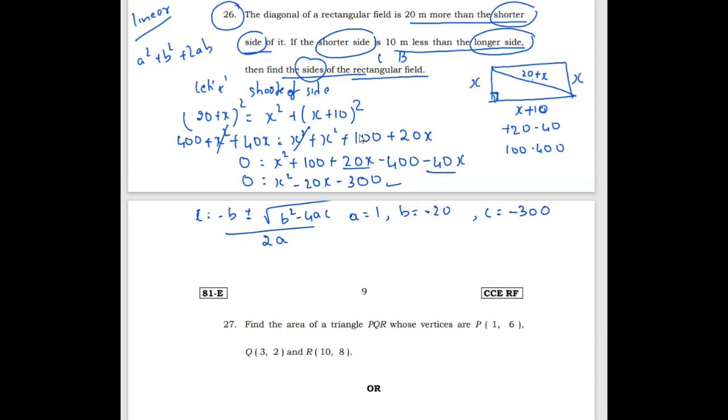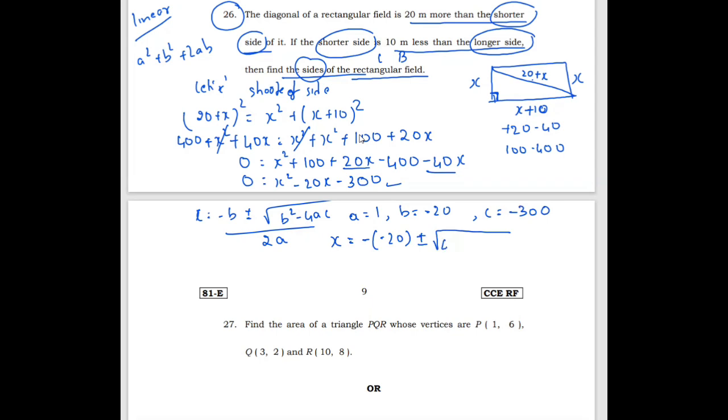Okay, now we'll put the formula. x is equal to minus b, b is minus 20, plus or minus square root of minus 20 square minus 4ac. I told you in the previous 2 marks question, the square of a negative number is always positive.